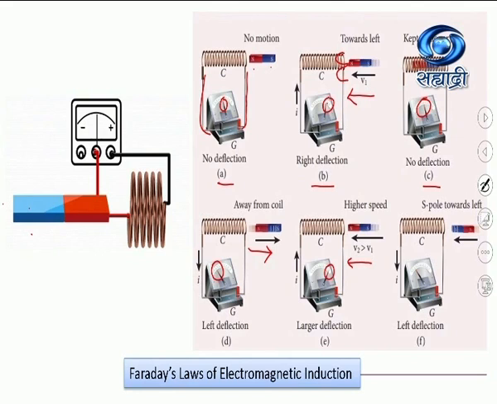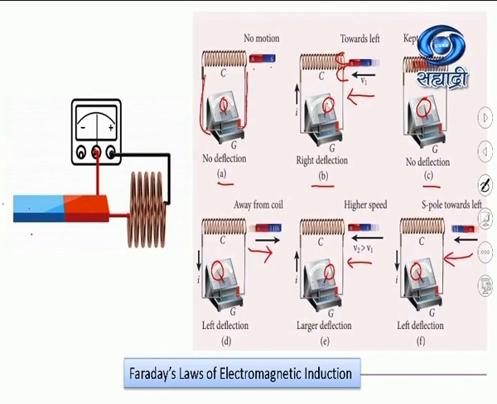Now, if you move the South Pole faster towards the coil, the amount of deflection produced in the galvanometer will be more. So here we have observed that whenever there is relative motion between the coil and magnet, only then does current flow through the circuit. That time the galvanometer shows deflection, because there is a rate of change of magnetic flux associated with the coil.